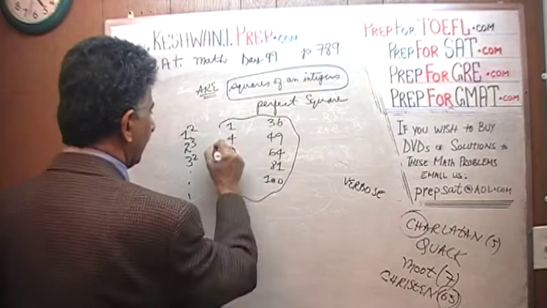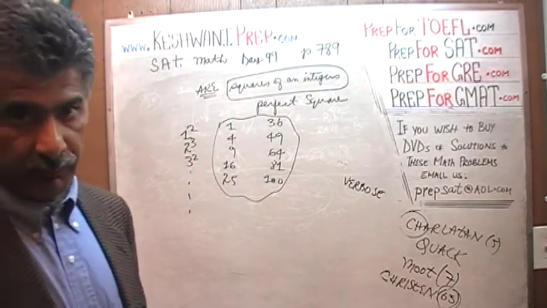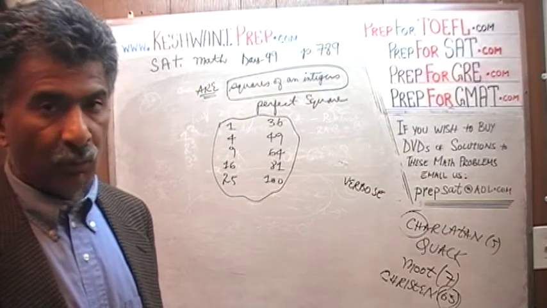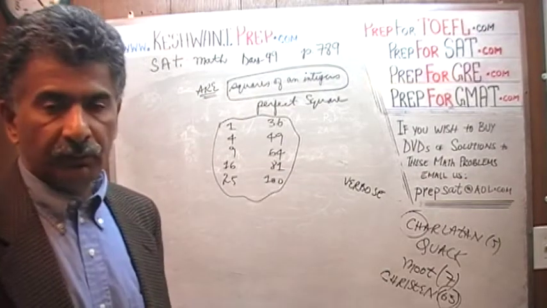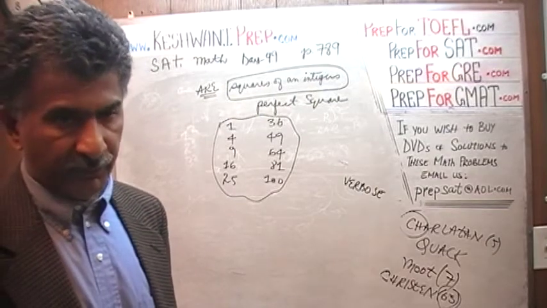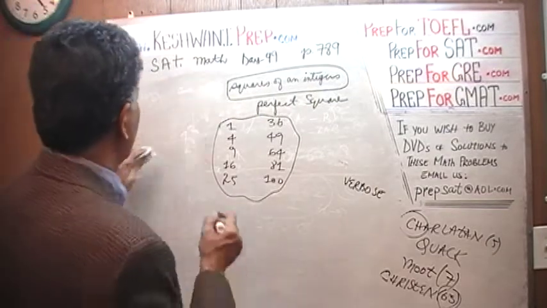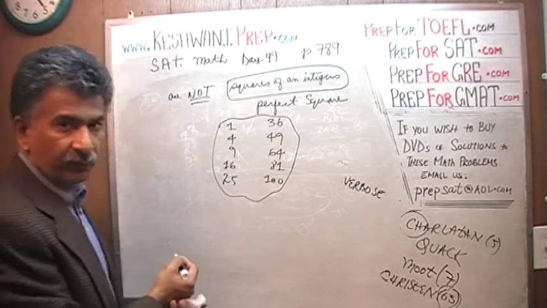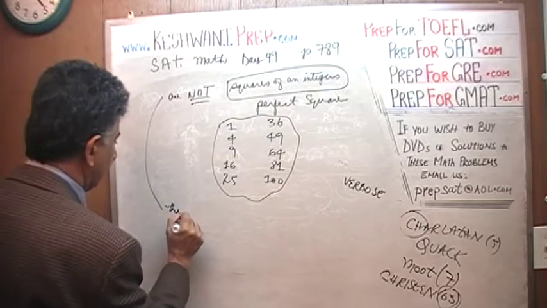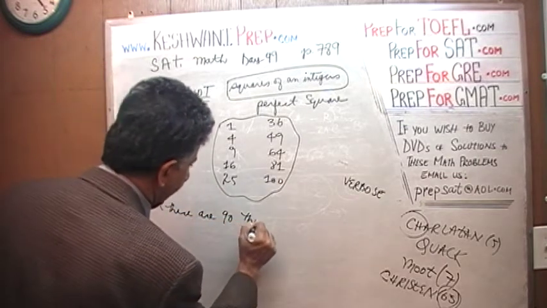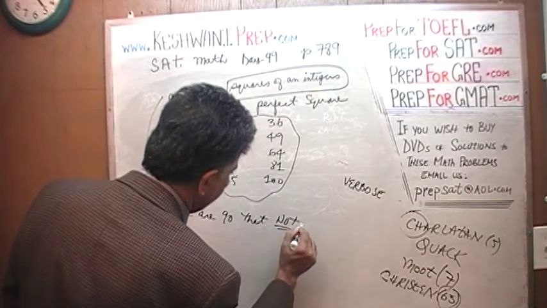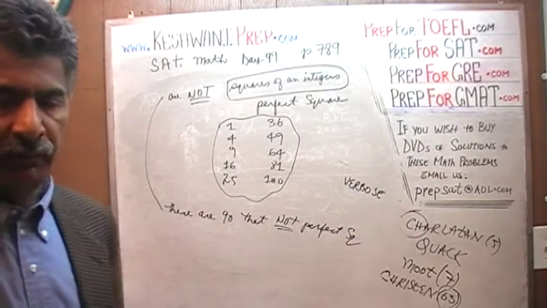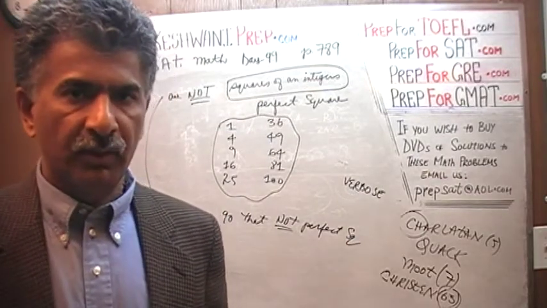So from 1 through 100 there are 10 perfect squares, and the question is how many of them are not. Since 10 are perfect squares, there are 90 that are not perfect squares.